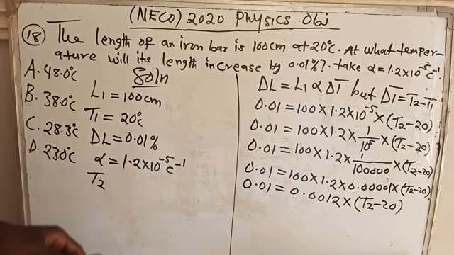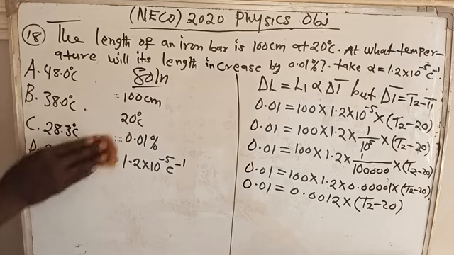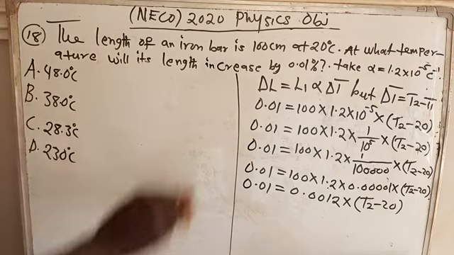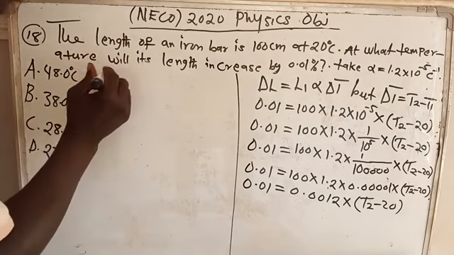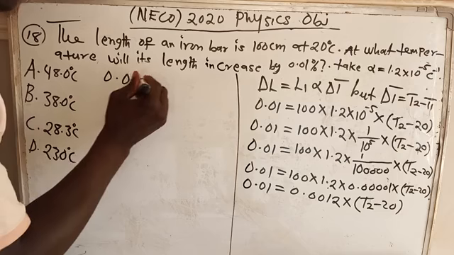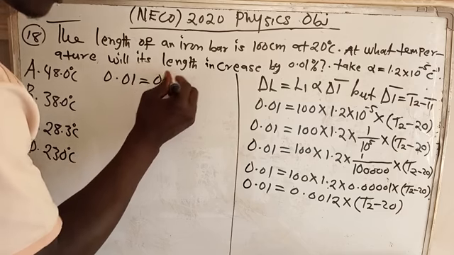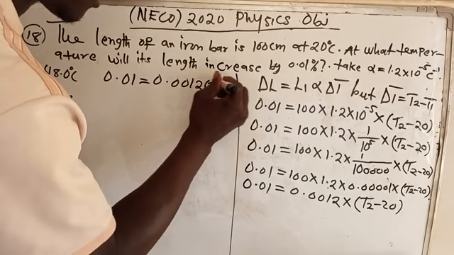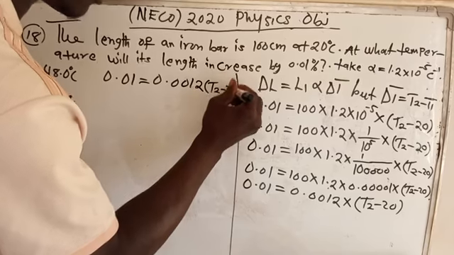Now let's continue from here. 0.01 equals 0.0012 times T2 minus 20.